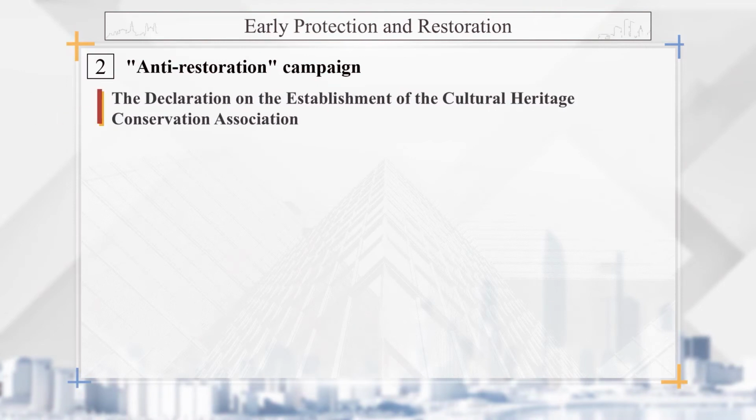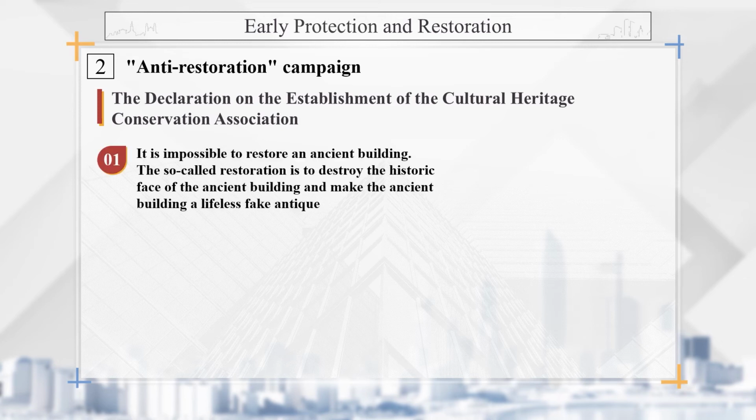In 1877, Morris founded the Ancient Architecture Protection Association. The declaration on its establishment defined the view of the anti-restoration theory. First, it is impossible to restore an ancient building. The so-called restoration is to destroy the historical phase of the ancient building and make it a lifeless fake antique.